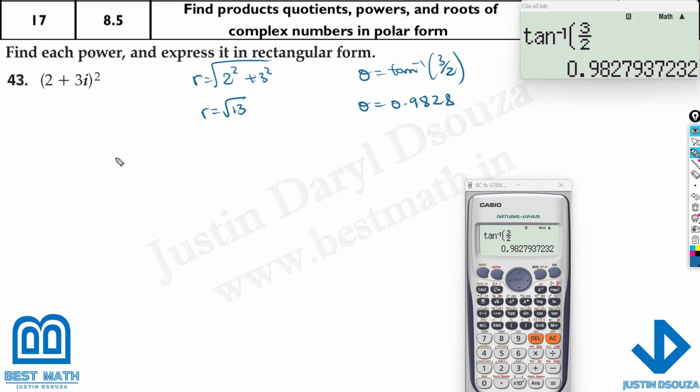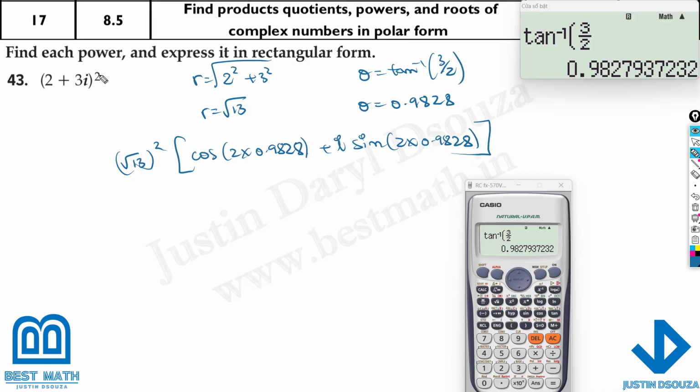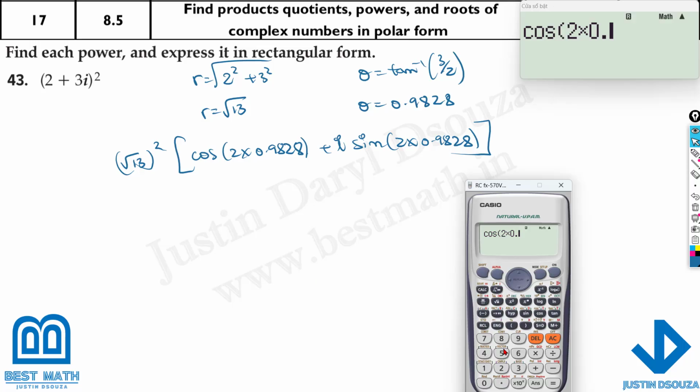And now the answer over here will be square root 13 the whole power 2 times cosine 2 times 0.9828 plus I sine 2 times 0.9828. Why is it 2? Because we are just raising it to the power 2. So this is going to be 13, that's it. But cosine 2 times 0.9828, close the bracket.